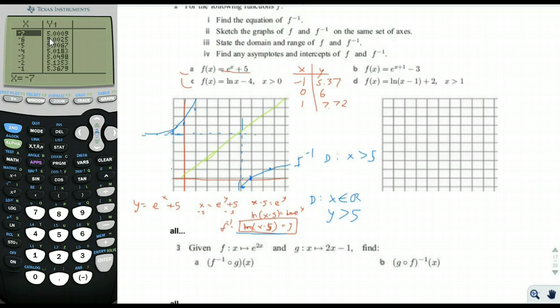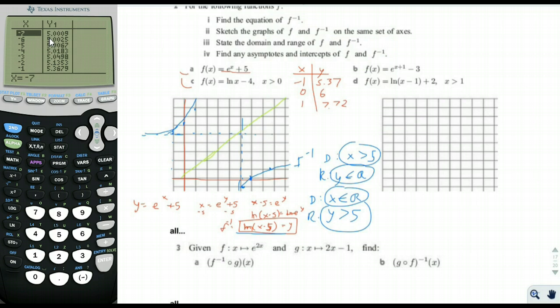And then the range of the inverse function would just be all real numbers. Okay, so do you see how this is the opposite of this, and this is the opposite of that? They correspond to each other.